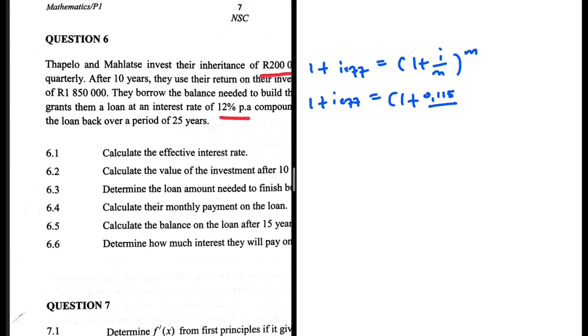It says that it is compounded quarterly. How many quarters do we have in a year? We have 4. So we would divide by 4 and then to the power 4. And then we go on to find the effective interest, which in this case will be equal to 0.12, so 12%.